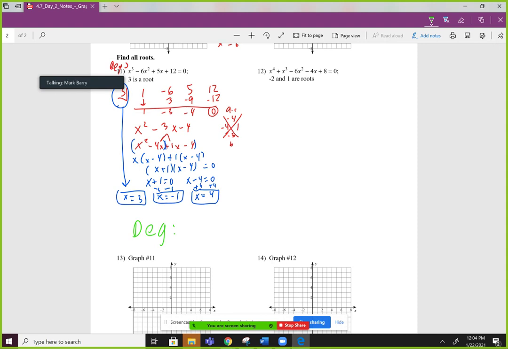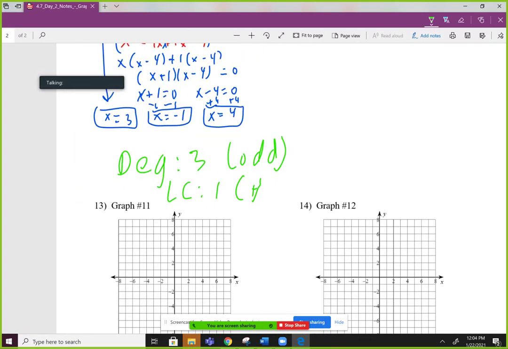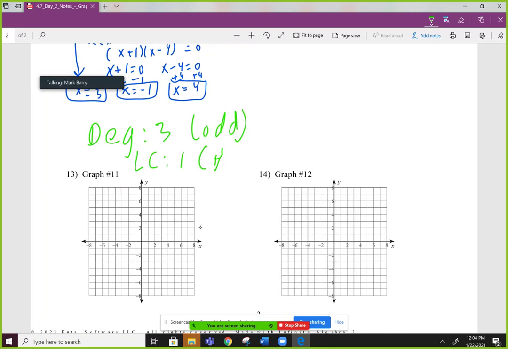Well, if you look at the standard form, the biggest exponent is 3, correct? So that's going to be an odd. The leading coefficient is just 1, so that's going to be a positive. So we have an odd positive. So that's going to go down to the left and up to the right.